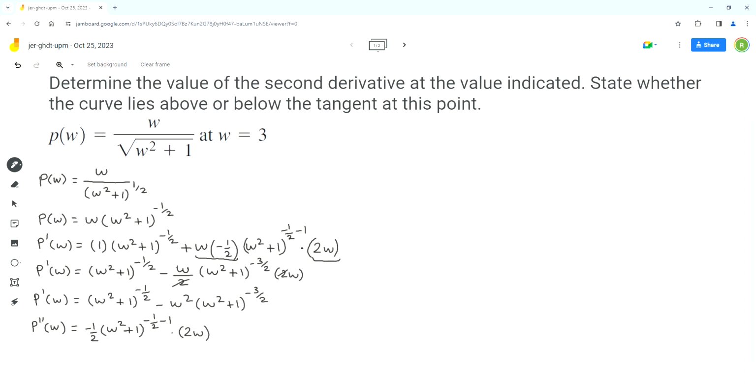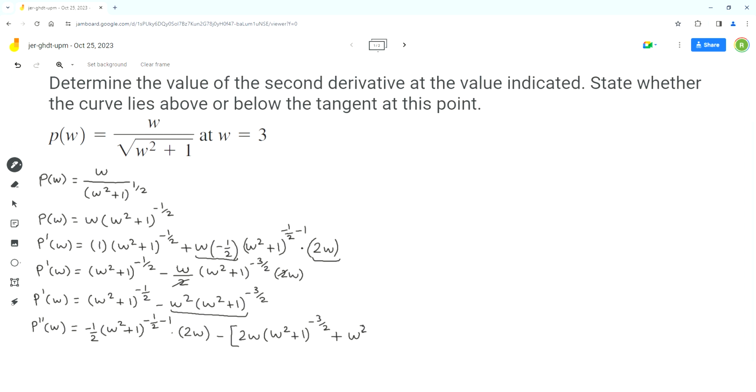Now we can find the derivative of the second part here. Here we'll have to use the product rule because this expression is made up of two functions, w squared and w squared plus 1 exponent negative 3 over 2. So we can use the brackets. As per the product rule, the derivative of w squared is 2w times the second term plus the first term w squared times the derivative of the second term.